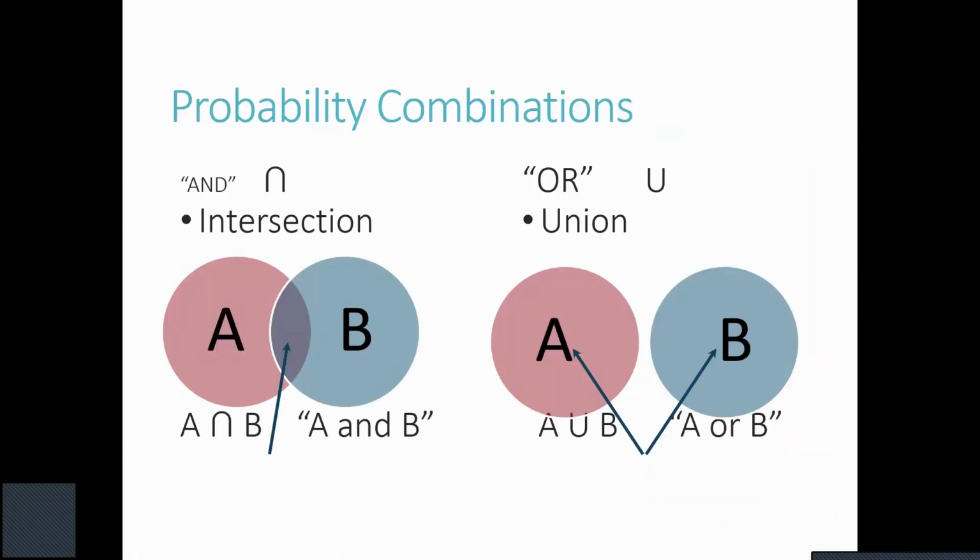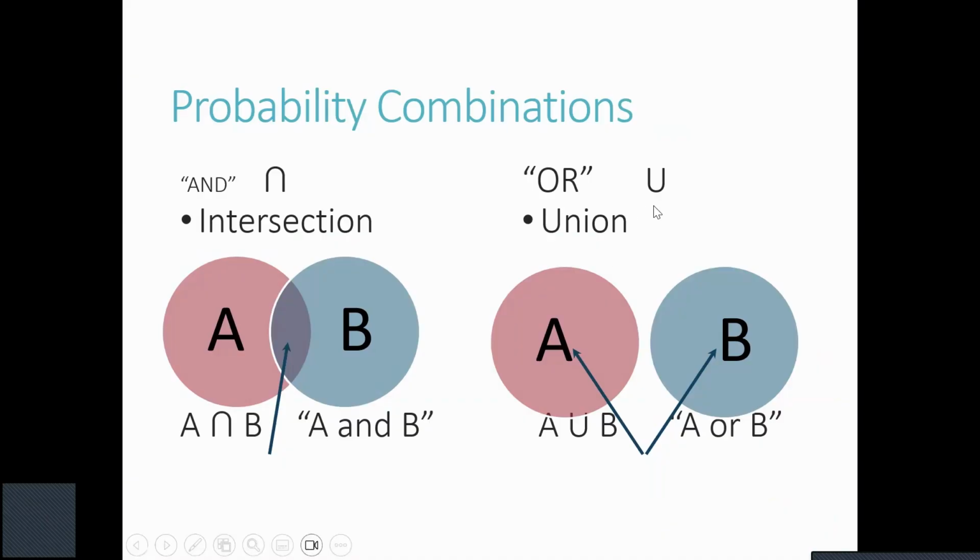So we talked about this a little bit already. We talked about intersections and the upside down U, A and B. And if you remember Venn diagrams, we're going to have pink here be the A and blue here be the B. And this kind of purpley football in the middle is the A and B. So that's where they overlap. And notice that things in there count for both.